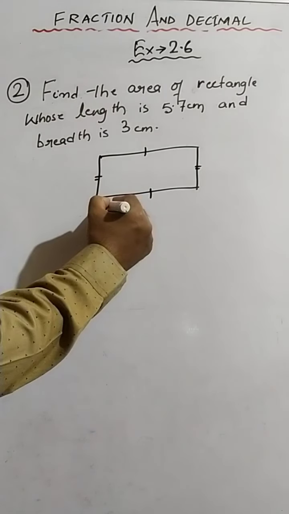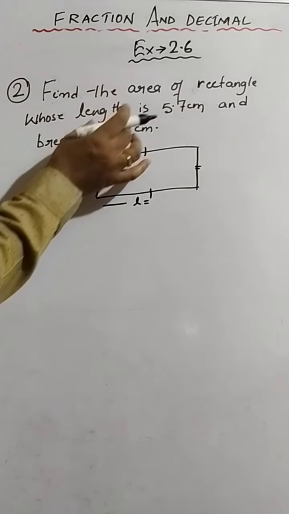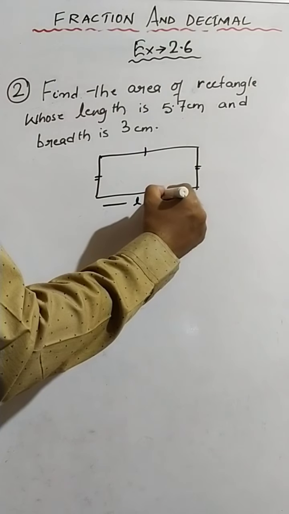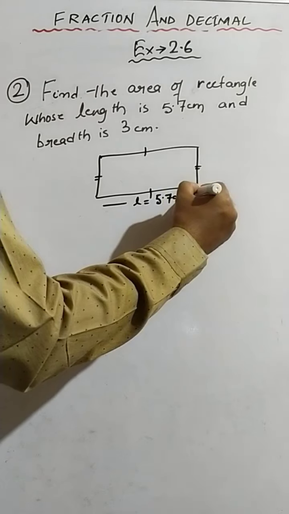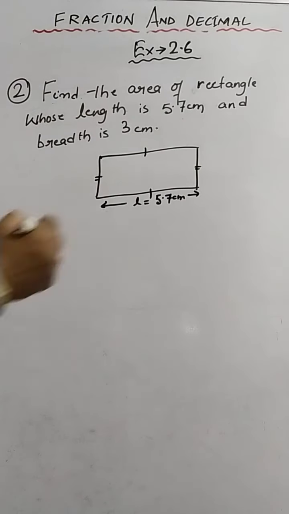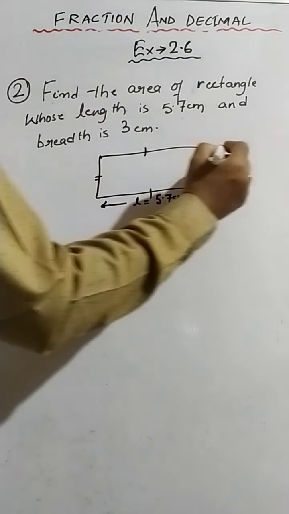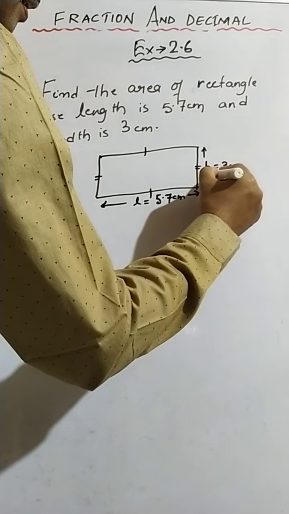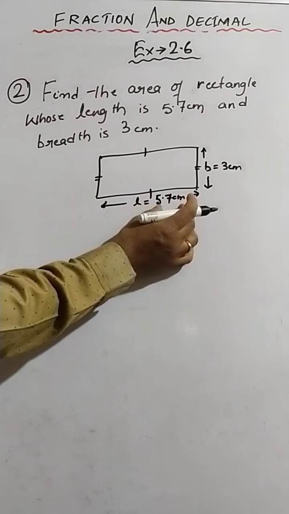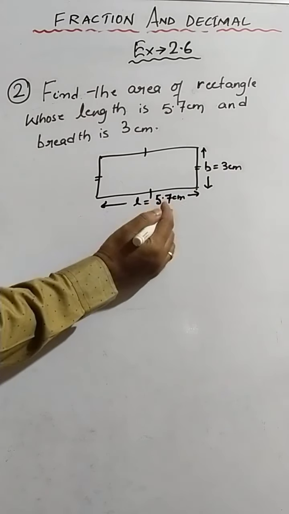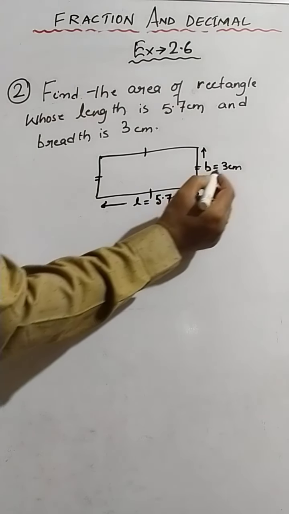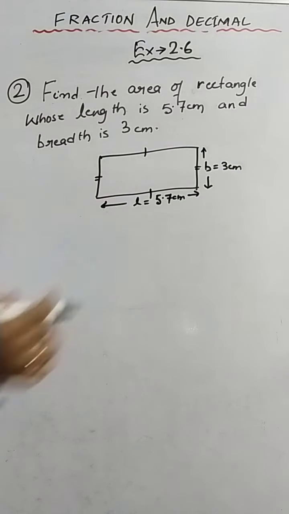This is considered to be the length. Length is given as 5.7 centimeter, and this is the breadth. What is the breadth? 3 centimeter. Both the values are carrying the same unit, 5.7 centimeter and 3 centimeter.